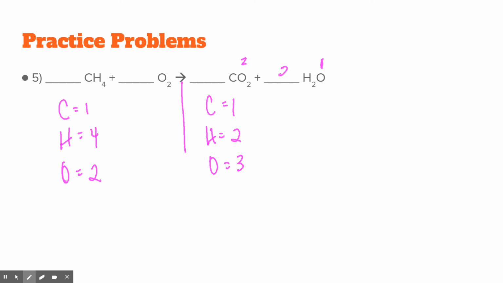Over here, I need to add a 2 so that my hydrogen is 4. So those match. Now, that changes my oxygen to 4. That's the only thing unbalanced. So I go back to my reactant side, and I can indeed make oxygen 4 by multiplying by 2 as a coefficient. And everything is balanced.